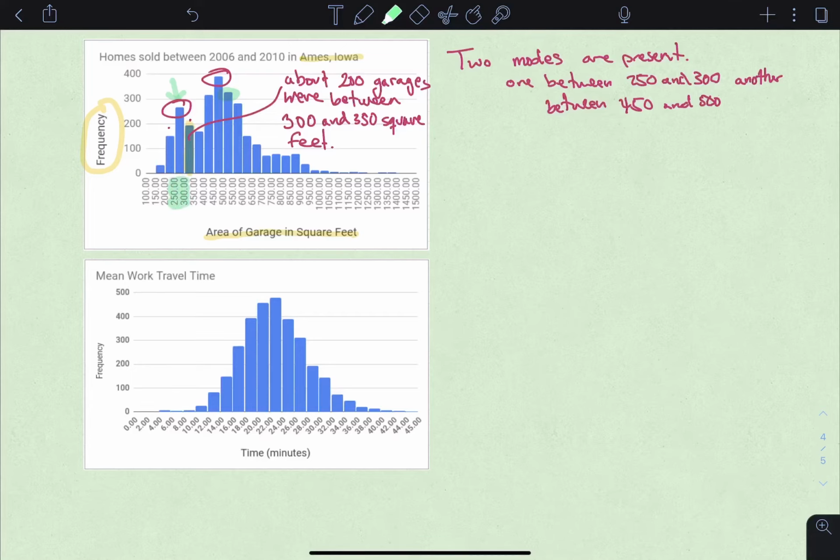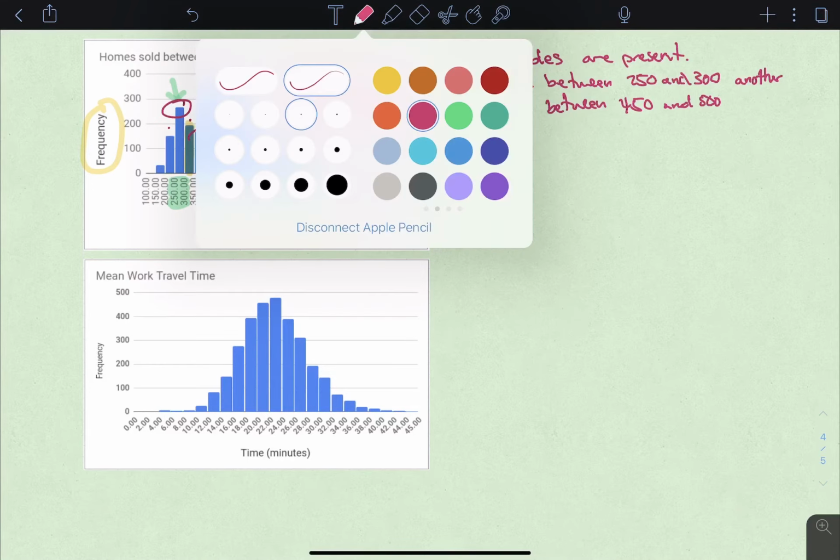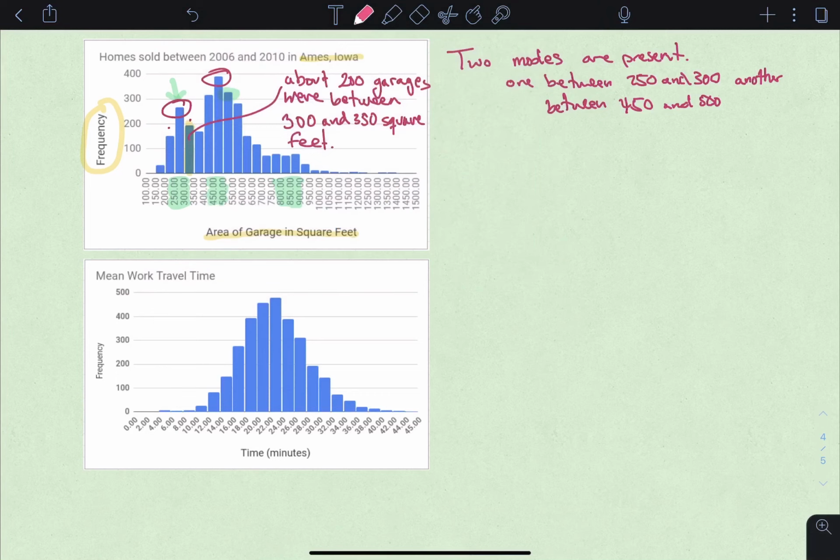Then you can also see there's almost another resurgence over here. It doesn't fall off really fast like you might expect. And why might that be? It's because garages store cars and cars are in discrete increments. So this is probably a 1-car garage versus a 2-car garage kind of thing.